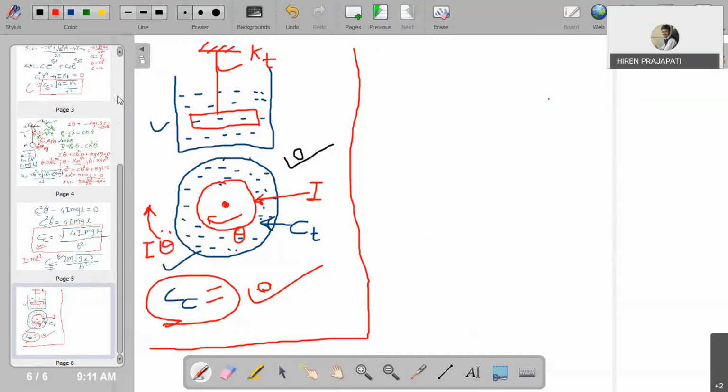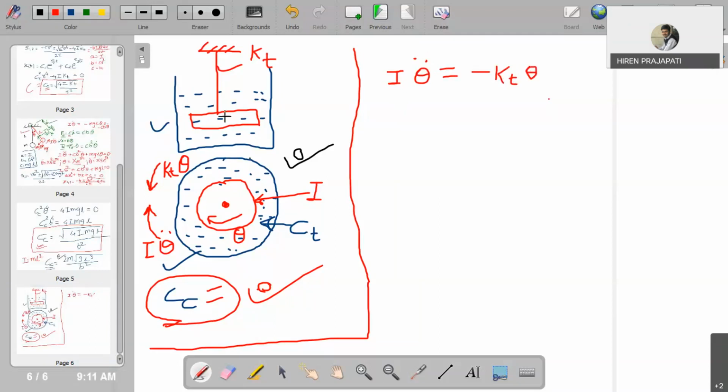So that will produce some opposite torque, which is torsional stiffness of wire into theta displacement, right? Now if this liquid containing drum is not present, then only these two torques are present. Then as per Newton's approach, we can write I theta double dot is equal to minus kt, the torsional stiffness of wire, into theta, right?